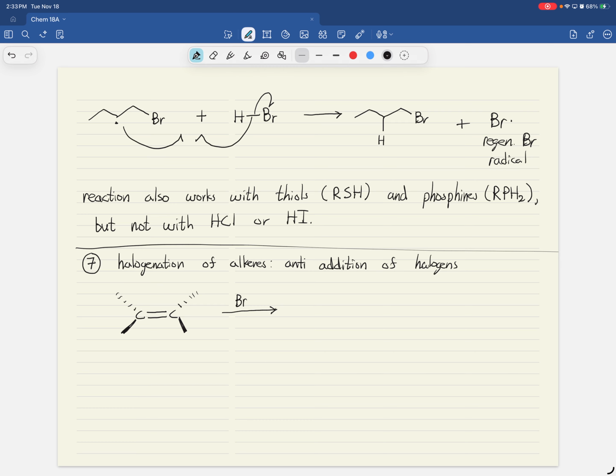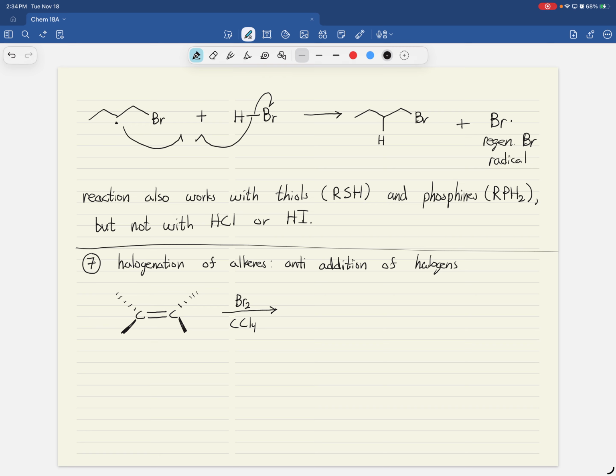All right. So here we have bromine again, and here's our solvent, a nonpolar solvent, carbon tetrachloride, which sadly is becoming less and less available because of its effects on global warming.